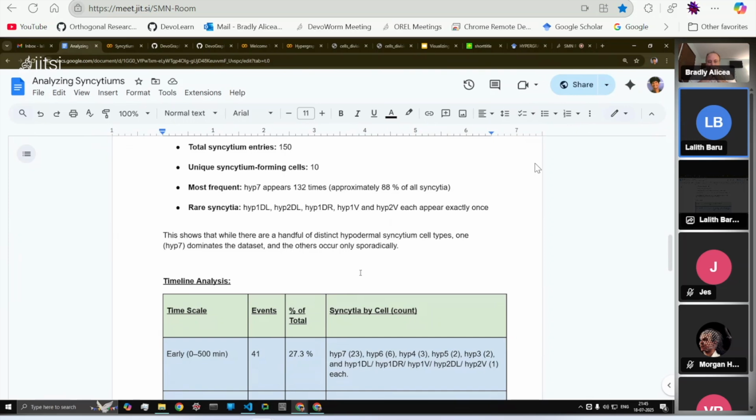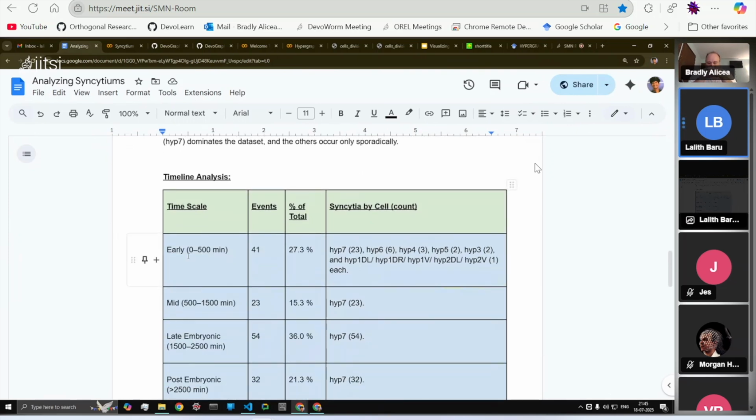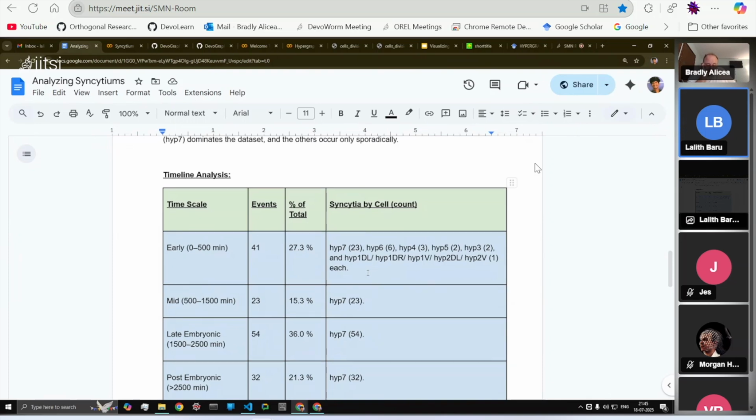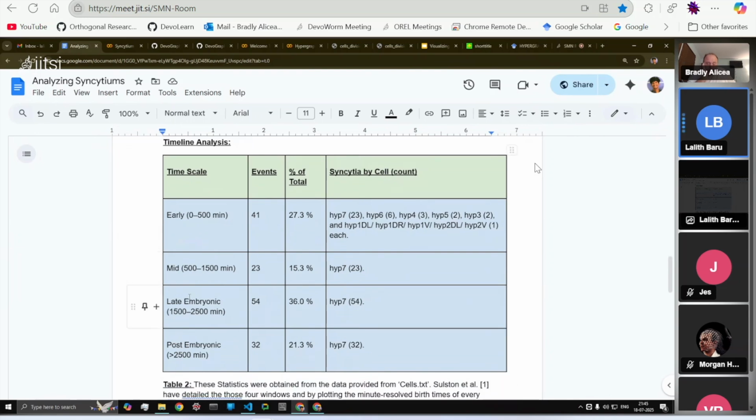In the early stage, 0 to 500 minutes of embryonic development, there were 41 events, and other than hypodermic 7, most of the syncytiums are formed at a very early stage. In mid, late and post-embryonic, it was more hypodermic 7 syncytiums that were formed.